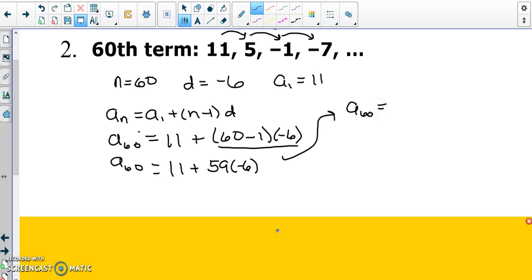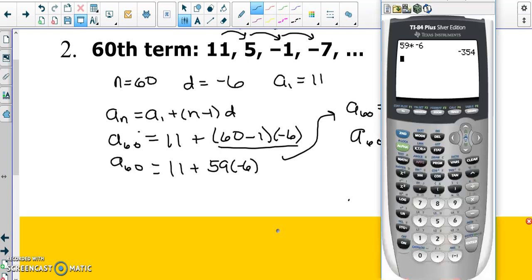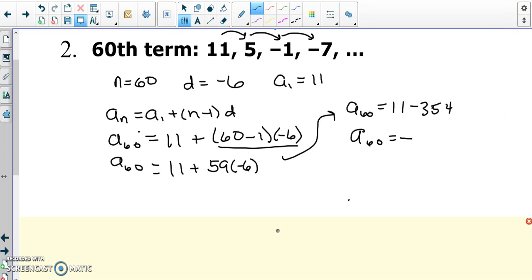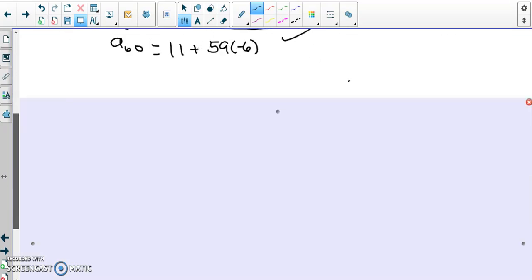So this will become 11 minus 354. And so a sub 60 will be 11 minus 354, which will give me negative 343. Okay, so that is my 60th term, negative 343.